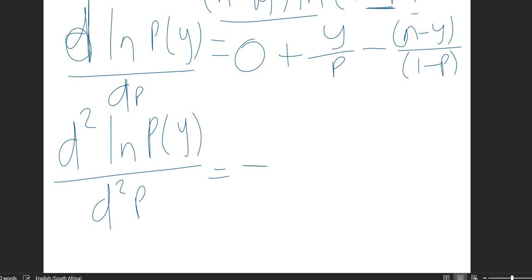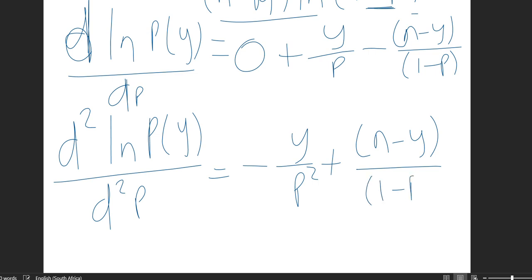Now this will be negative y divided by p squared minus n minus y divided by 1 minus p all squared, because this is just going to be minus, and then we multiply by the derivative of the inside, which is going to be, no, it's not going to be the derivative of the inside, because the derivative of this is more like negative n minus y into 1 minus p raised to the exponent of 1. So if you multiply this, it's going to be plus.